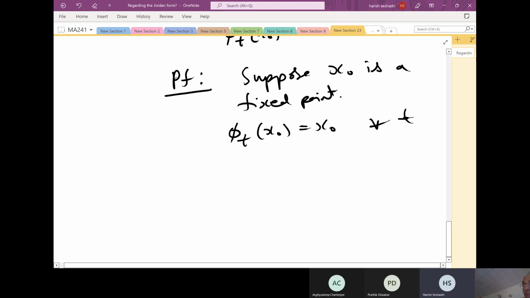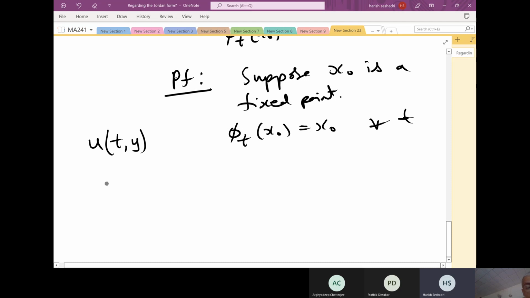We had a notation for this, right? At various points I used u of t comma y and so on, where the second coordinate denoted the starting point of the solution. So let me go back to that. This notation u(t, y) was used earlier.